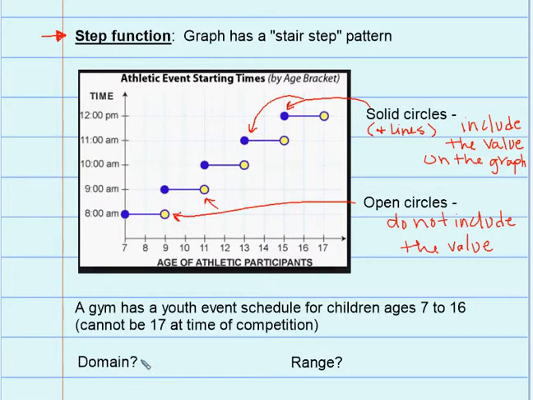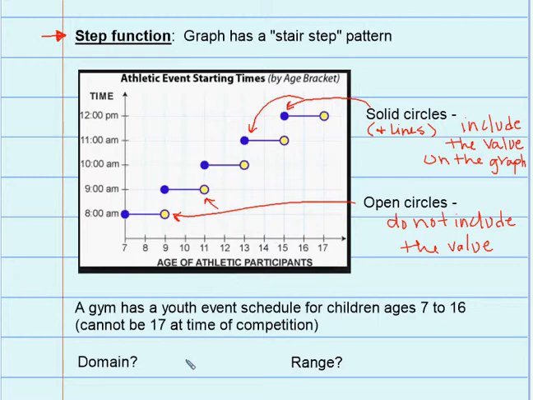Okay, so now let's answer the question, what is the domain? Okay, now remember, domain is your input or your X values. Your input is right here, your age of your athletic participants. So depending on how old you are, depends on what time you start your event.